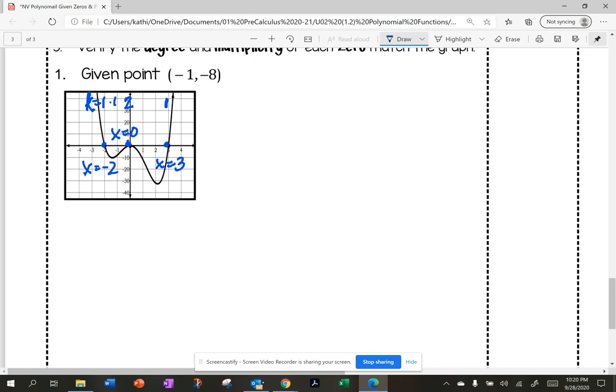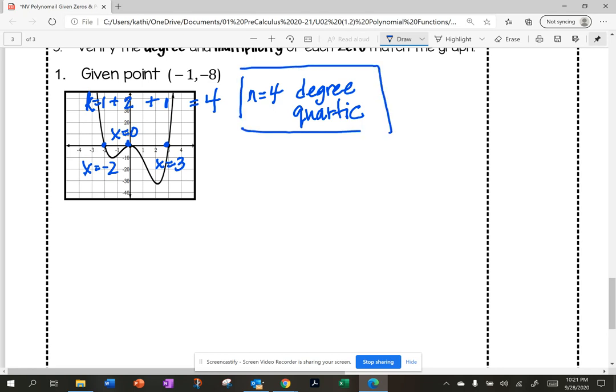I'm going to add my multiplicities together: 1 plus 2 plus 1, and I get 4. So n equals 4 is my degree. By name, I call that a quartic equation. Okay, so that's one part.